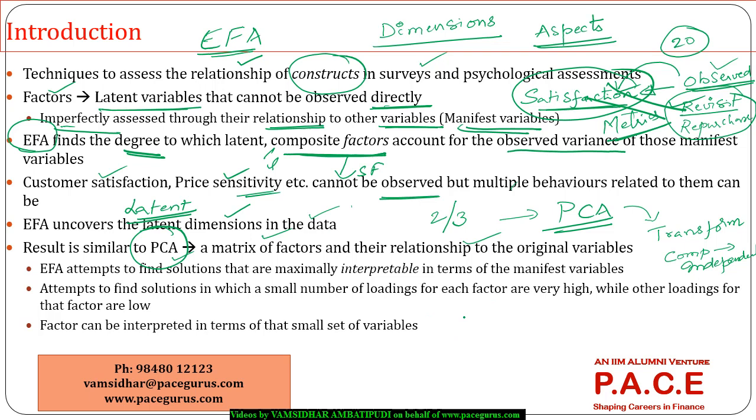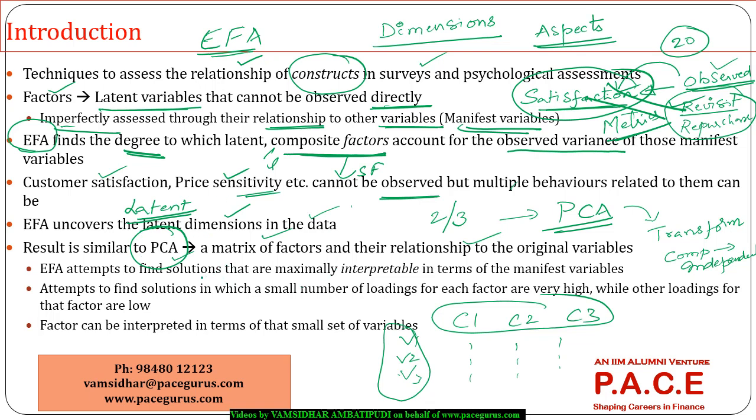So we get component 1, component 2, component 3, and all our variables V1, V2, V3. We get loadings, or we can also get the rotated component matrix. More or less here also we get the same kind of result, a matrix of factors. These are the factors and their relationship with the original variables. So this is how we get the solution in exploratory factor analysis as well.